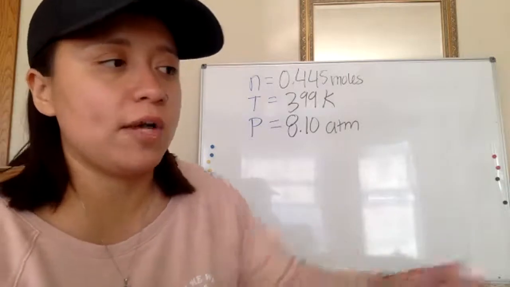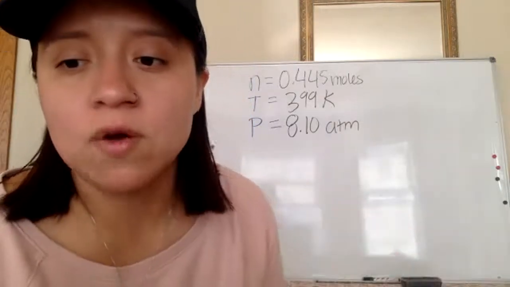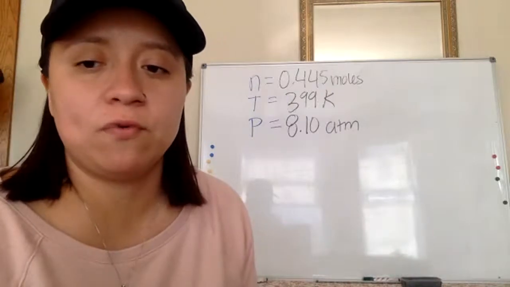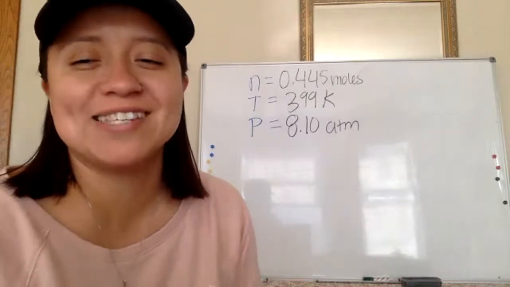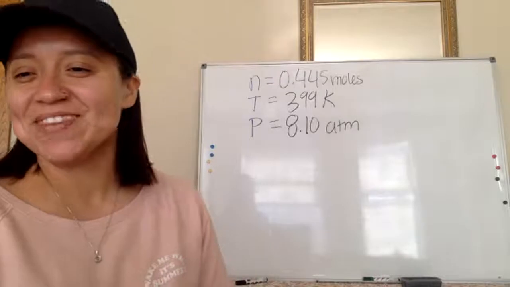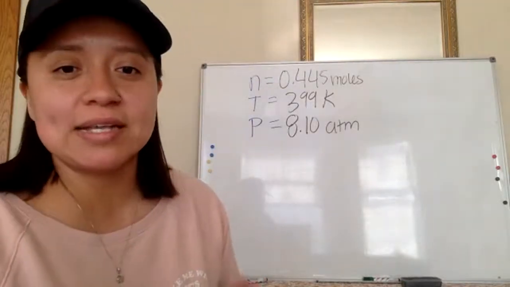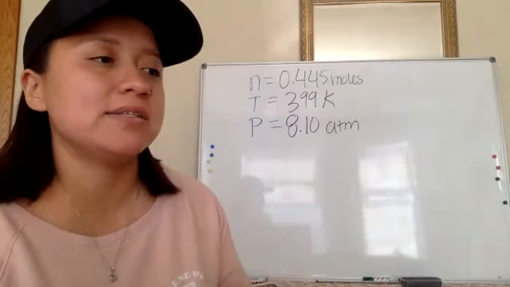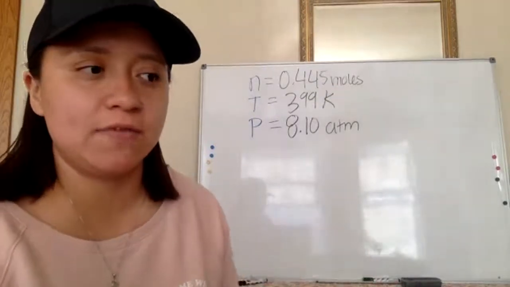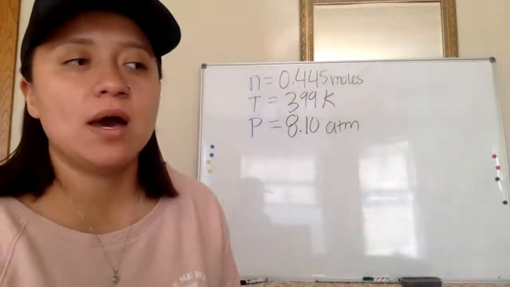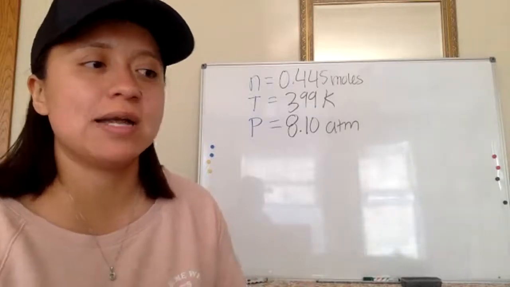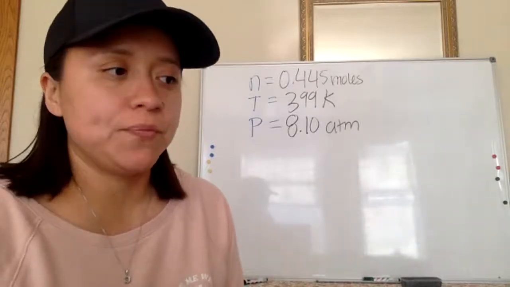The question asks what volume is the 0.445 moles of gas at 399 Kelvin and 8.10 ATM. It's all at one instance. It's not asking what is the new volume or the updated volume. You're looking at one instance, not before and after.